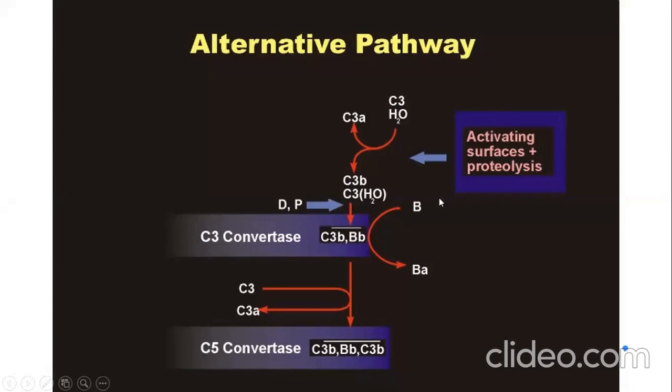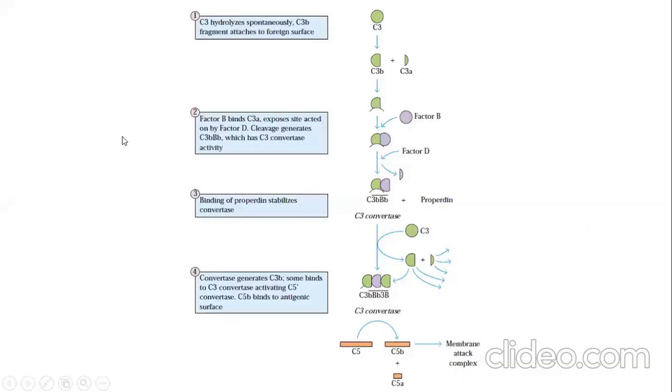Then there are factors: factor D here, factor B here. The factors come up and go into a specific cascade to C5 convertase. It is a different designation here. You need to write down and memorize this step. Once C5 convertase comes, it goes into the lytic pathway in the same way.